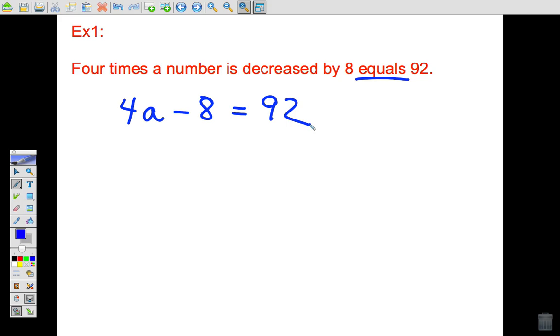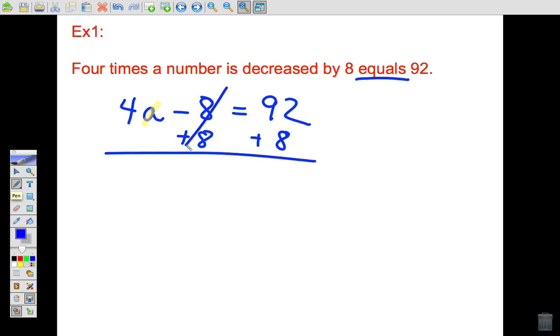Now ask yourself what they're doing to a. They're multiplying by 4, and they're subtracting 8. What are we going to do? Add 8 and divide by 4. Remember, you've got to do the addition and subtraction first. So the first thing you're going to do is add 8 to both sides.